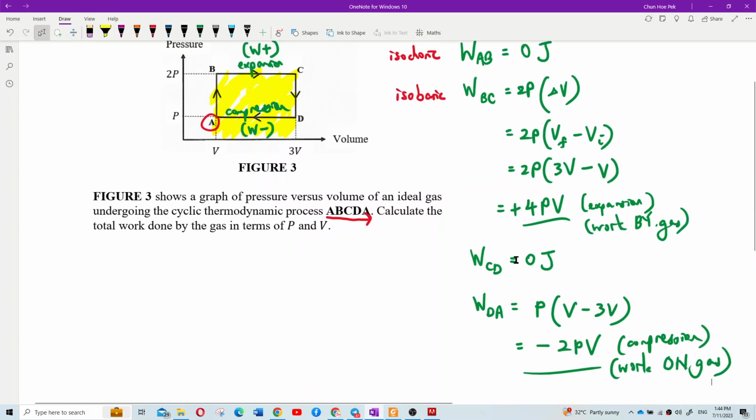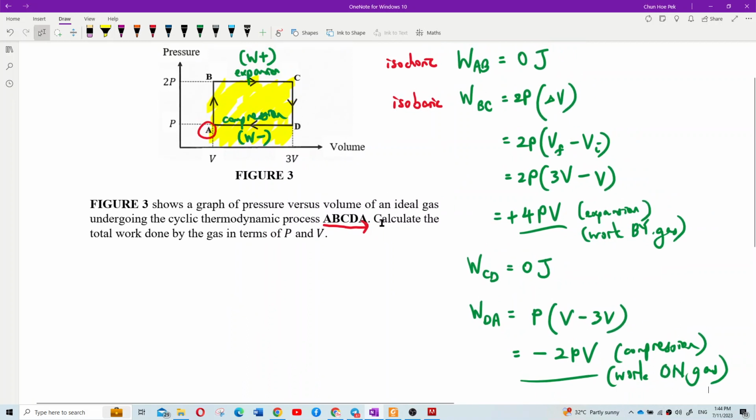Okay, understand? So what is the total work done? Nak cari total macam mana? Total means apa kita buat?